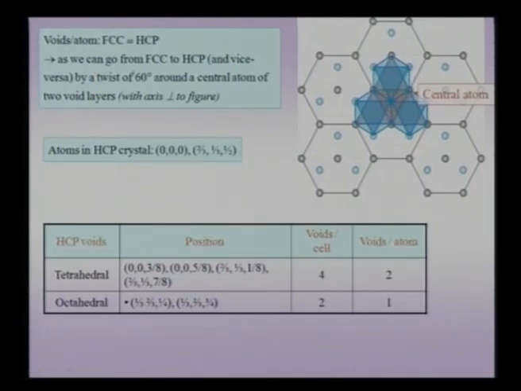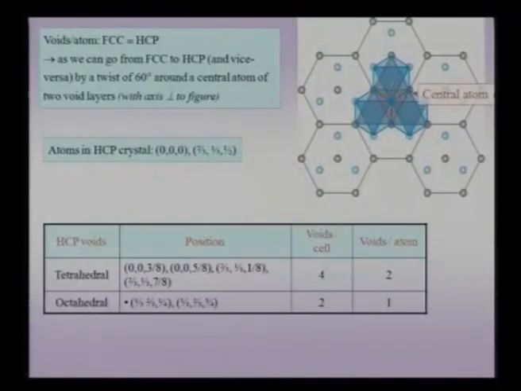This I will show you using the model, and the central atom which I am using has been marked here. Just to revise, what are these void models? Void models are wherein atoms have been shrunk to points, and I use a polyhedral shape to denote the coordination around a central void atom sitting in the void.